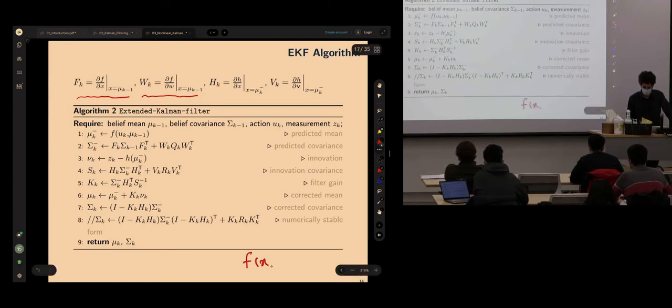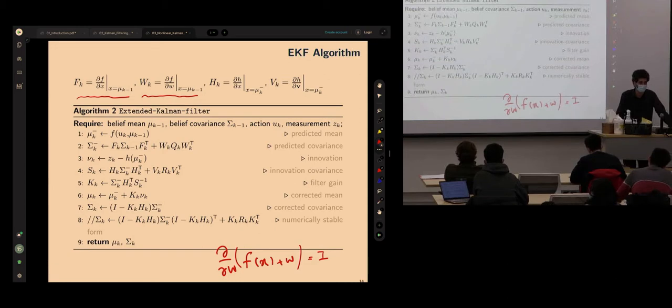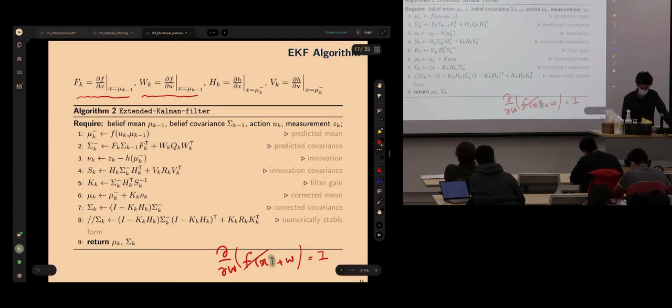So if you have f(x) plus w, the partial derivative of this with respect to w is identity because this part doesn't depend on w. But if it's inside, when you see it like this, there's no need to panic. It's just one more Jacobian to calculate. Because it's just another input, right?